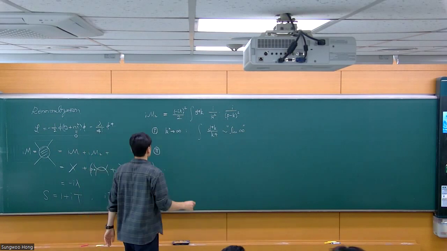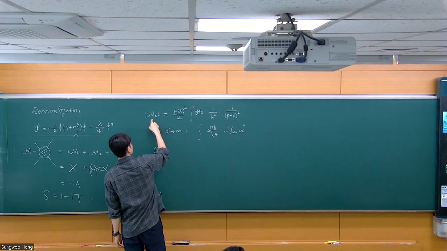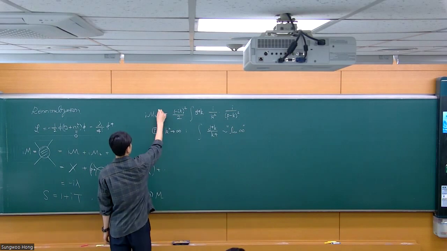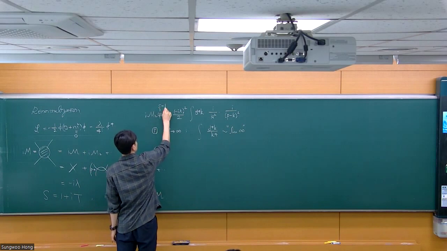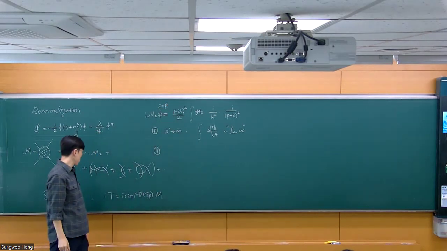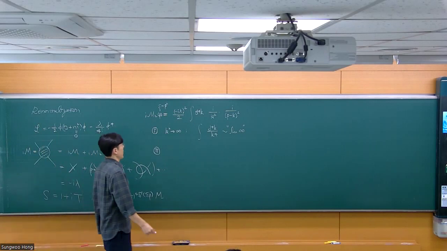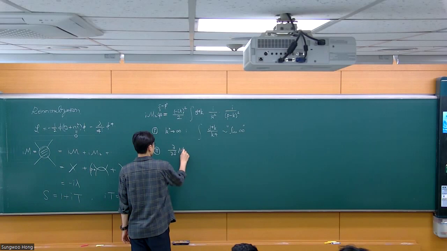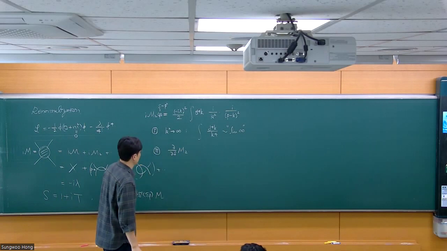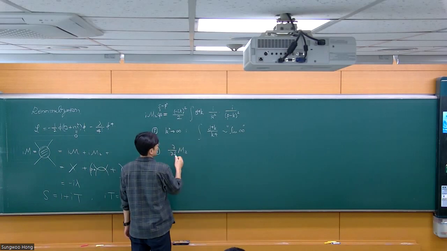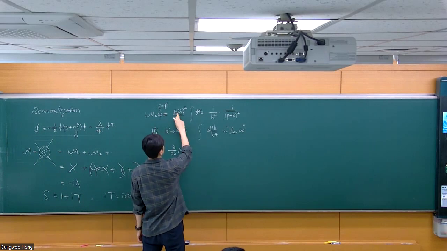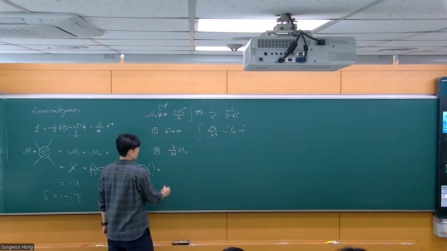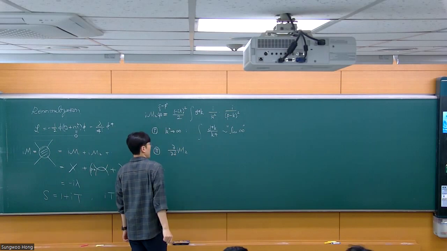But let's do it concretely. Given an amplitude as a function of external momentum, which I write as s, the square of the total momentum p squared, in this particular example, if I take a derivative with respect to s, let me put the factor of i.